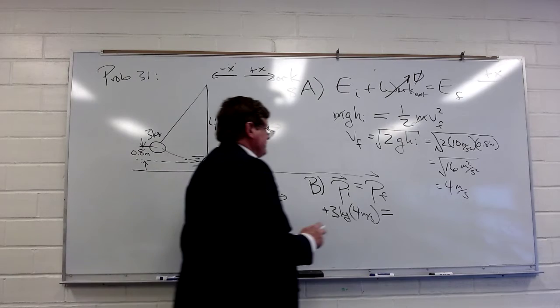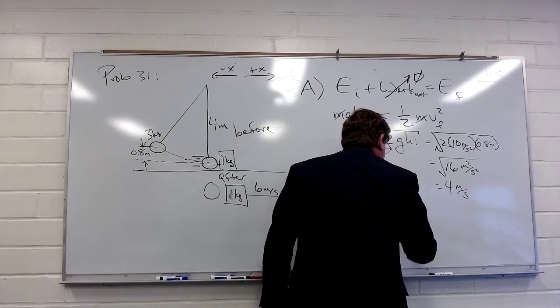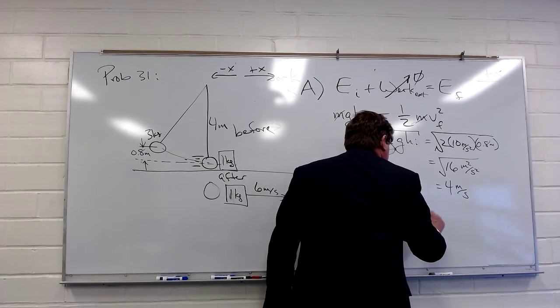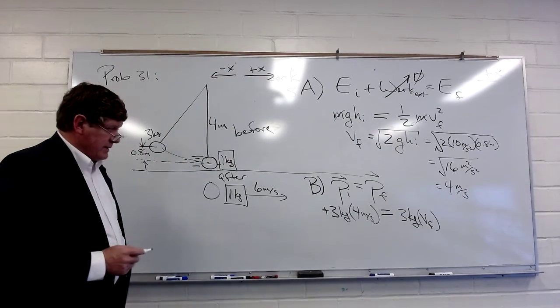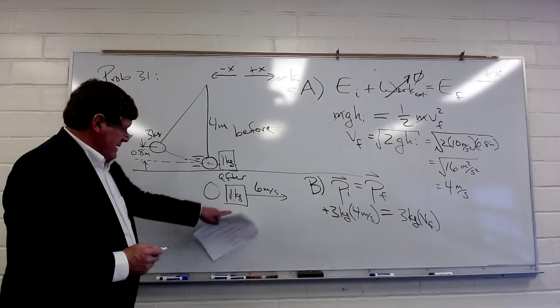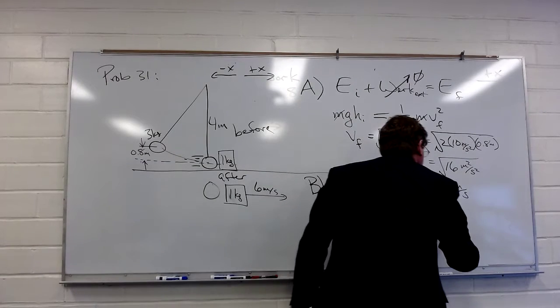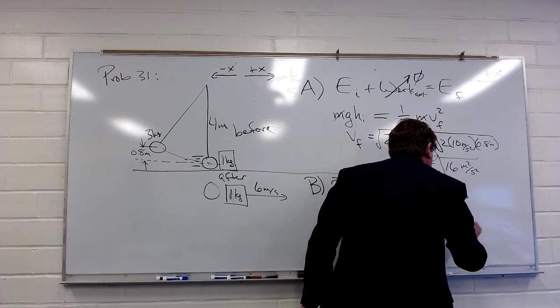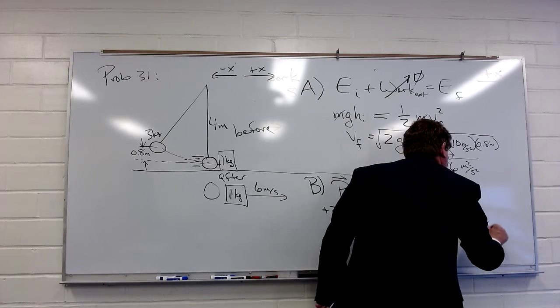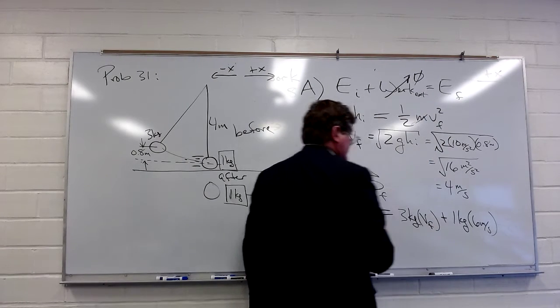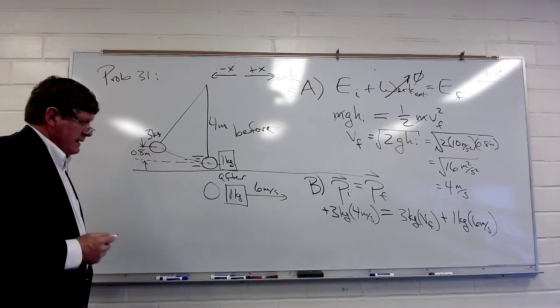After the collision, I've got the 3 kilogram block moving at some speed that I don't know, so I assign it a positive variable. And then I have this 1 kilogram block moving at 6 meters per second. And I put a plus sign there because it's moving to the right.